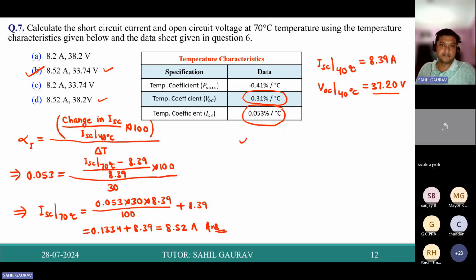We know that alpha V can be written as change in VOC upon VOC at 40 degrees Celsius, upon delta T, into 100.